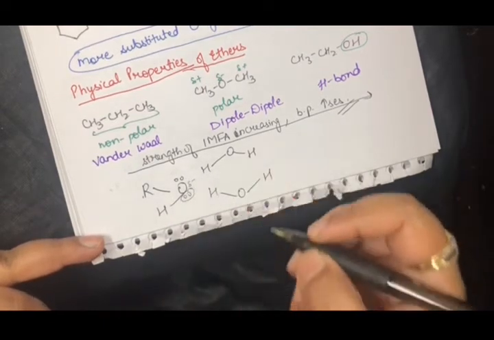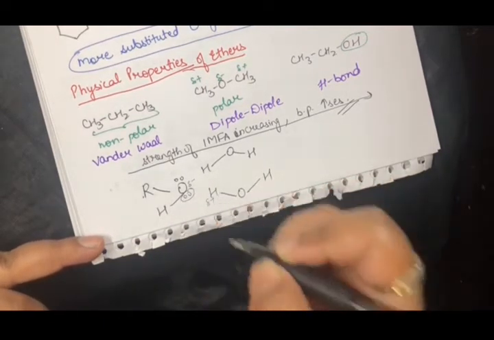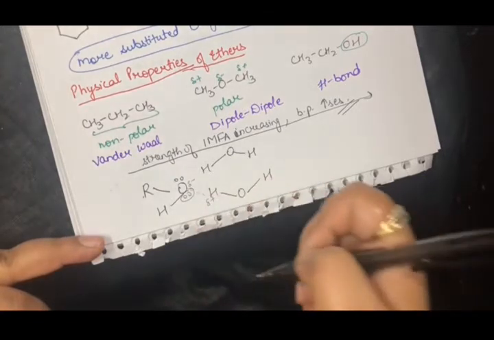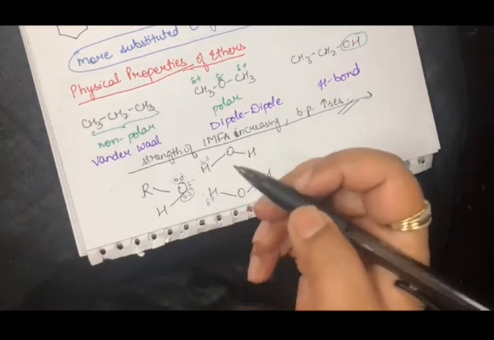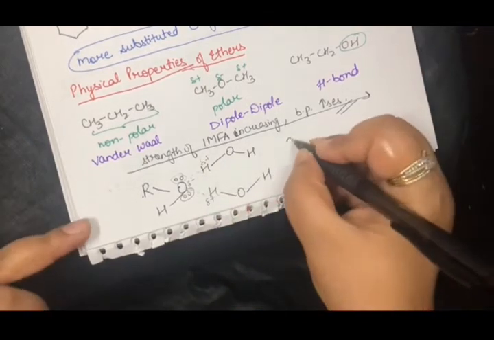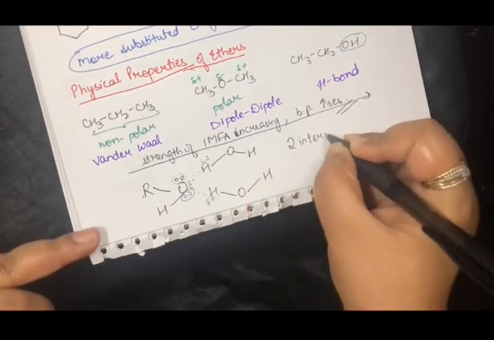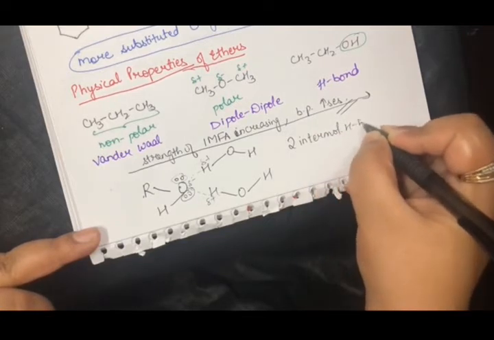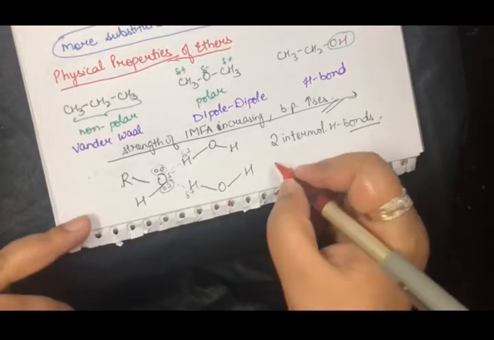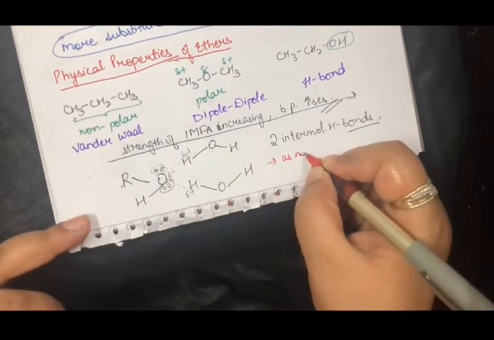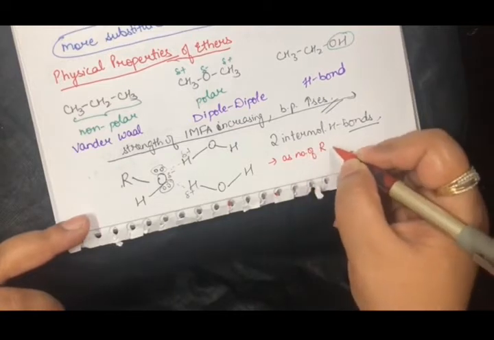Oxygen is negatively charged, here it is positively charged, so it forms a bond here. Similarly, it forms a bond here. So one molecule of ether is forming two intermolecular hydrogen bonds.